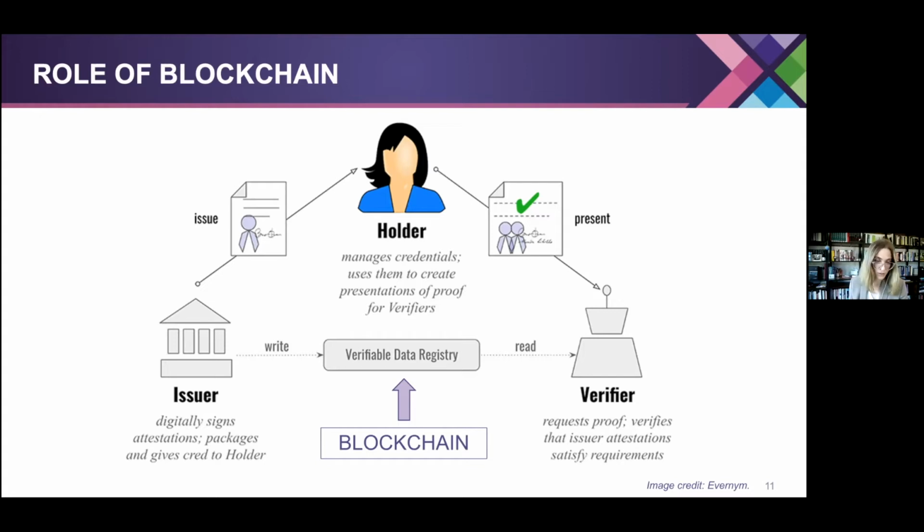So, the issuing institution digitally signs these attestations or claims, packages them, and gives them to the credential holder. The issuer writes the credential to a blockchain or another verifiable data registry and issues the credential to the holder.